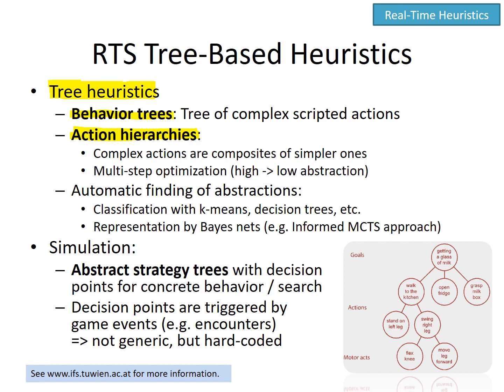Okay, action hierarchies require a multi-step optimization. That is why we built them. That means that there will be a separate search, for example, depth search on the high level. Shall we attack? Shall we rather defend? In which area shall we show which behavior?